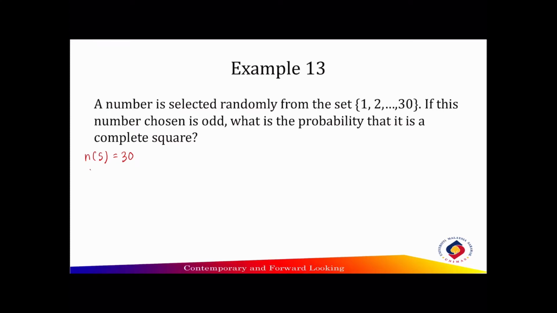So let's use A to represent the event of getting an odd number, and B to represent the event that the number is a complete square.